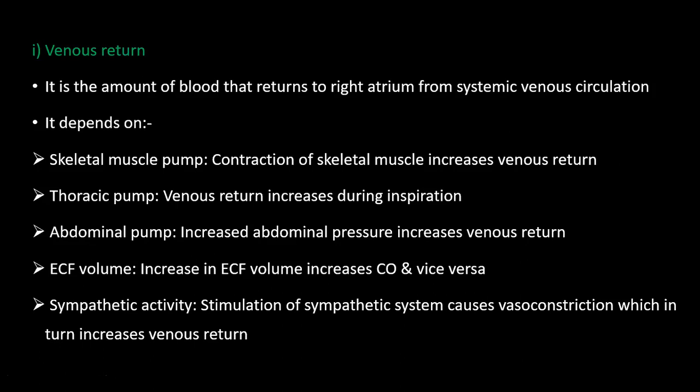That is, after pumping the blood from the aorta to different parts of the body, the deoxygenated blood is collected through the superior and inferior vena cava, finally draining into the right atrium.